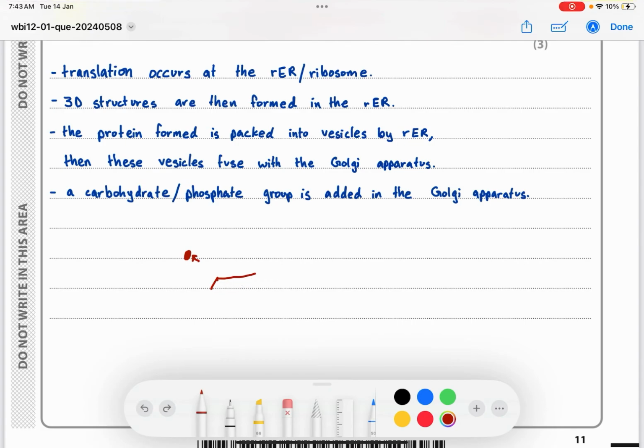Sorry, I don't know how to draw a 3D structure, but it's going to create one. It's going to produce a protein. The ribosome here produces a protein. I'm just going to write protein. And then the protein is packaged into a cute little vesicle. This is our vesicle.